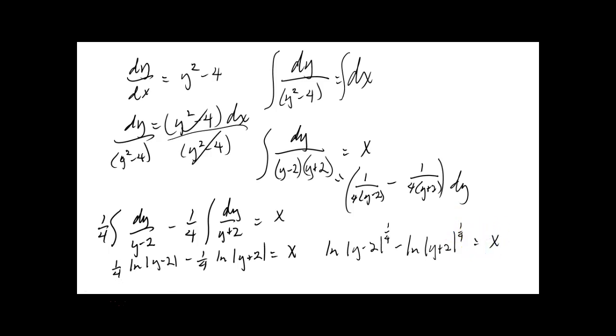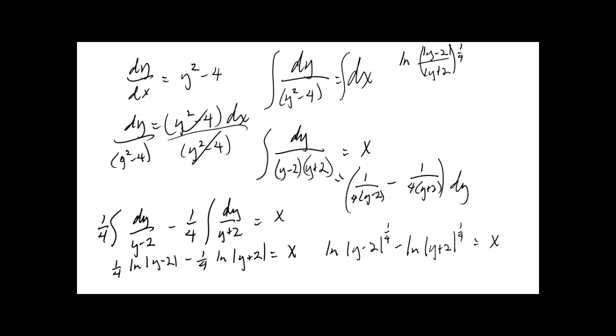Now we probably will throw a c in there somewhere, but we'll come back to that. So then this will be the log of a divided by b, which will be the absolute value of y minus 2 divided by y plus 2, and just do all of them to the 1/4 power.